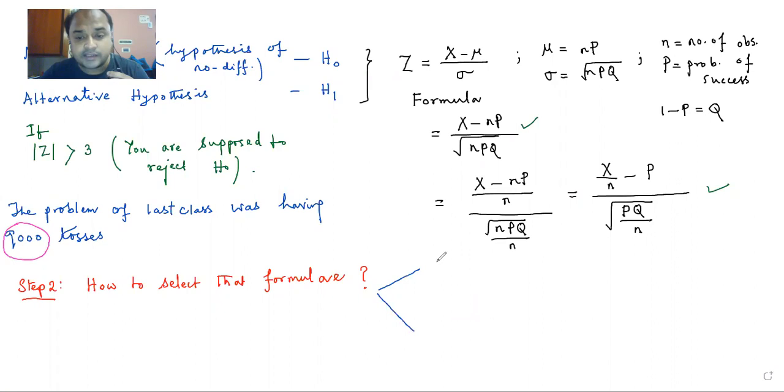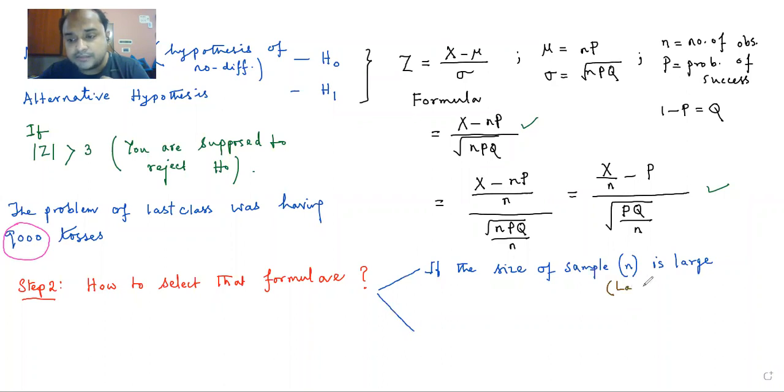One category is, if the size of the sample, which is denoted by n, is large, we basically use a large sample test.